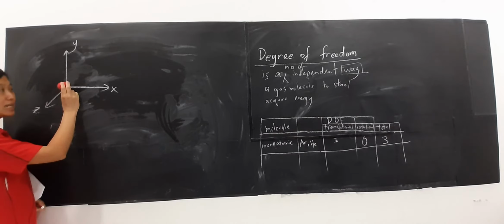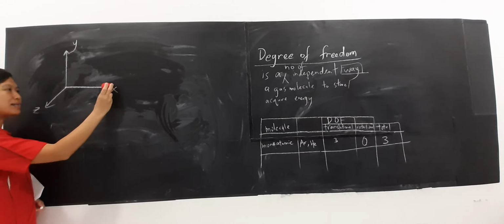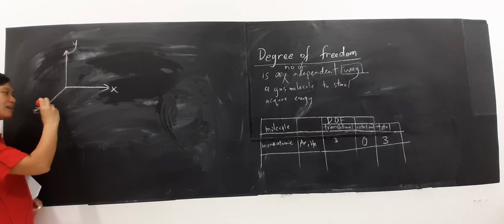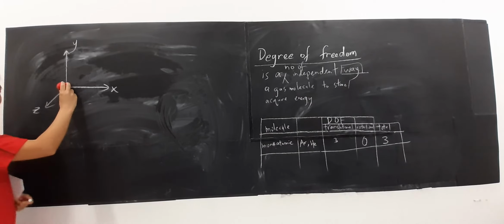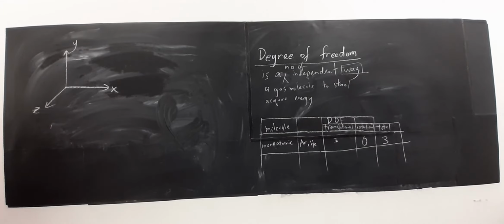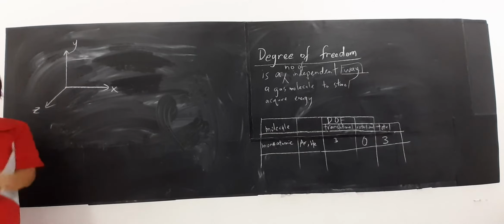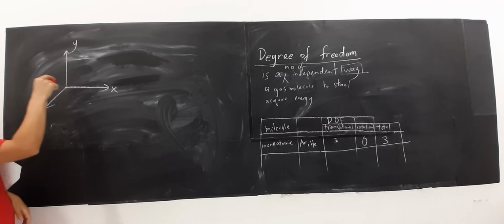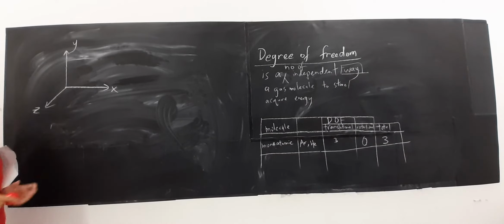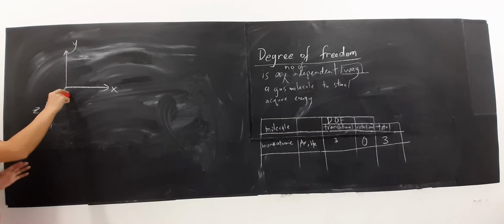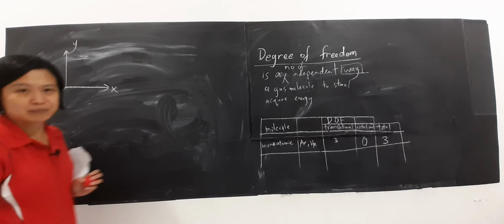Jadi monoatomic ini bukan sahaja boleh bergerak pada paksi X, dia pun boleh bergerak ke atas pada paksi Y dan bergerak pada paksi Z. Paksi Z should be going out like that, maksudnya monoatomic atom kita bergerak ke depan begini. Jadi ada berapa way to acquire energy? I found that 1, 2, 3. Sebab itu you nampak 3 dekat sana.